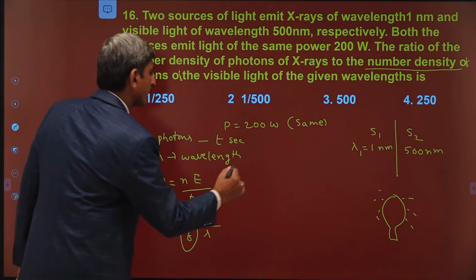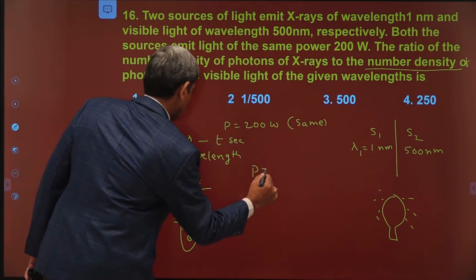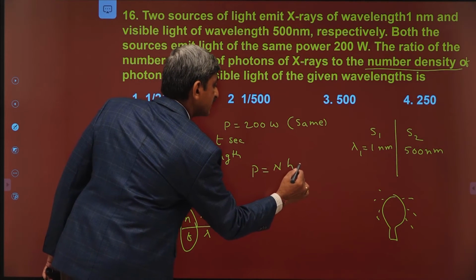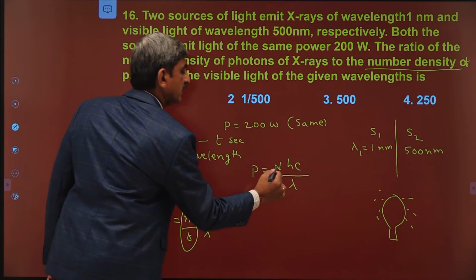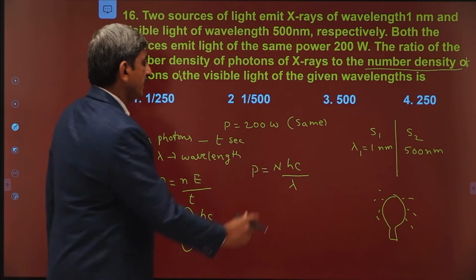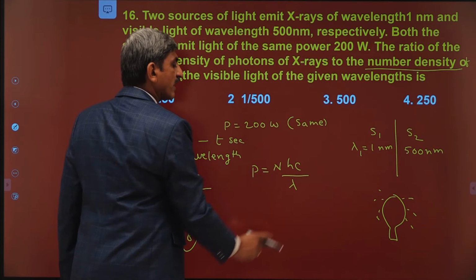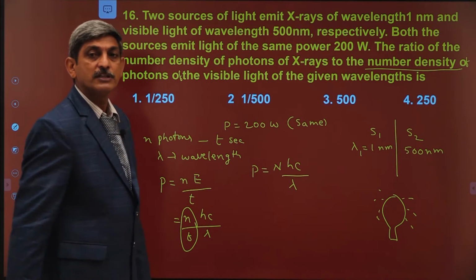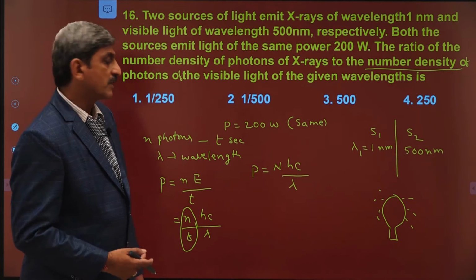So from this equation we can write the power P is equal to N hc by lambda. N is the number density, h is Planck's constant, c is the velocity of light, and lambda is the wavelength of the radiation emitted from the source.